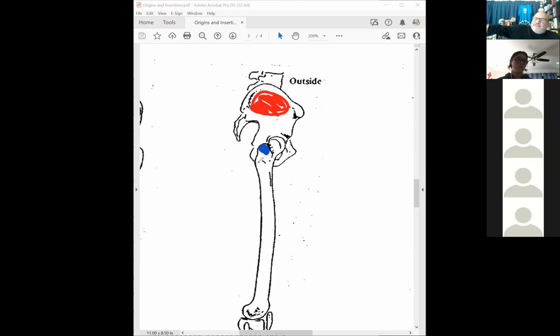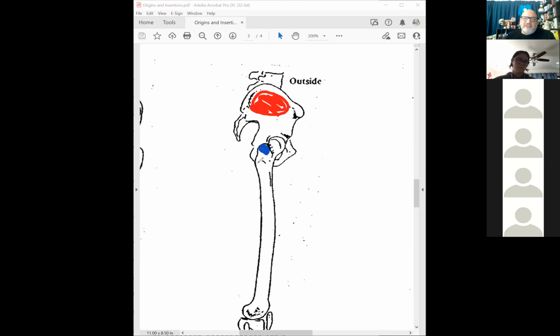So as it lifts it up, it is going to medially rotate it. So basically turn it so that your toes point down as your leg is going out towards the side. So it is going to abduct and medially rotate the hip. All right. Questions on this?